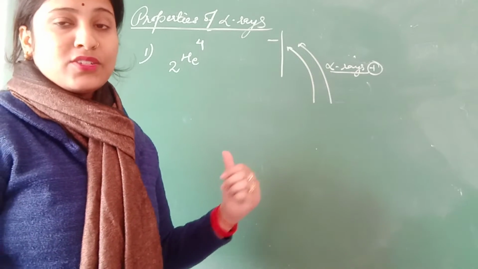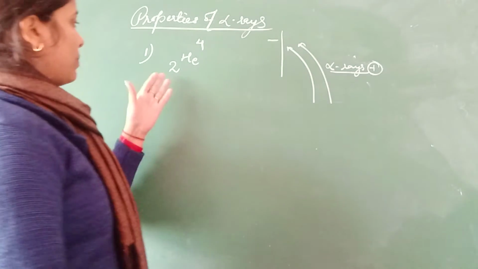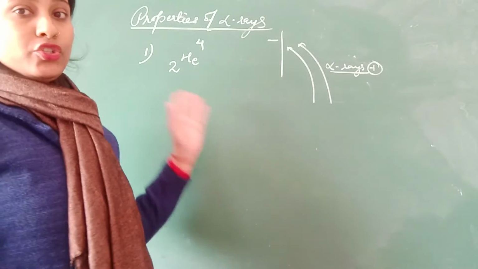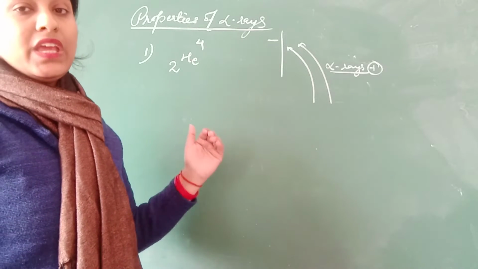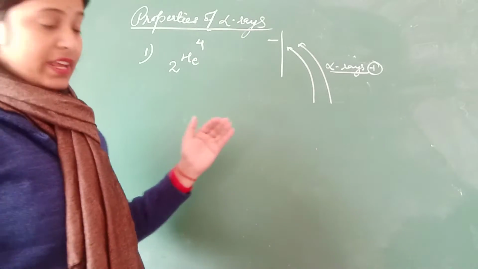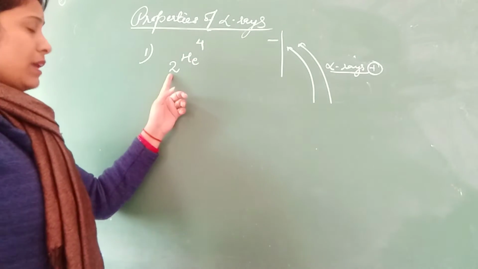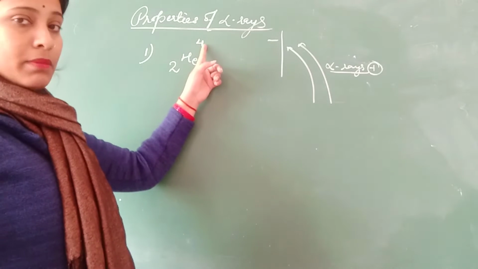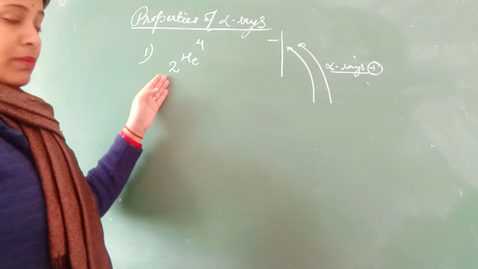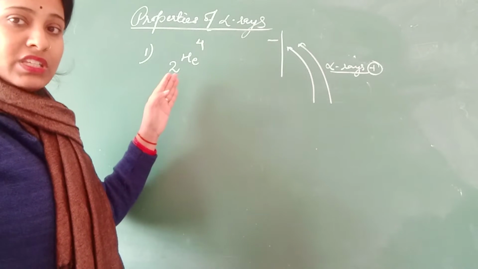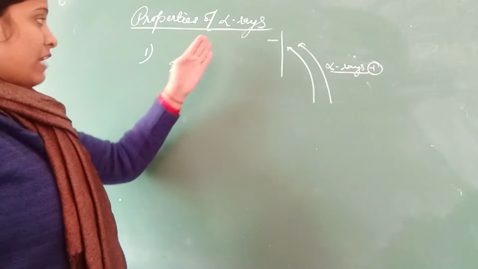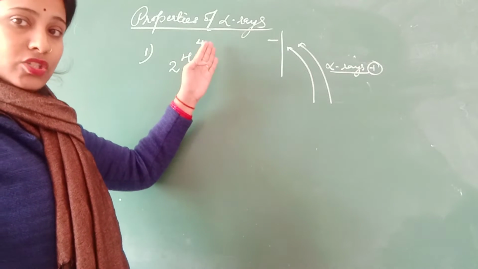I know this is of helium. So this is representing alpha rays. Whenever 2He4 is given, we consider it as alpha rays, where the atomic number is 2 and the mass number is 4. The atomic number will give you the number of protons and electrons, and 4 means protons plus neutrons.